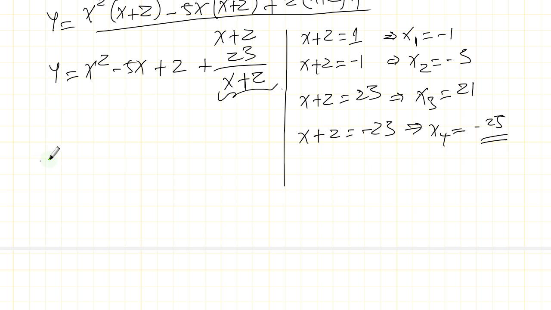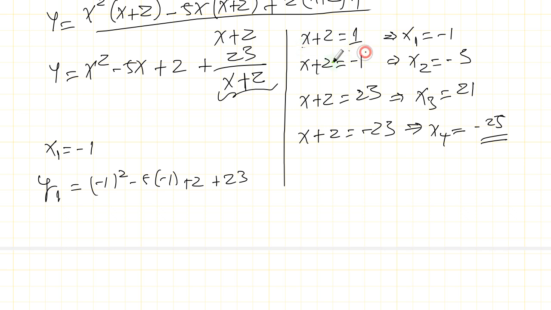For x1 equal to negative 1, y1 is going to be, replacing here, negative 1 squared minus 5 times negative 1 plus 2, plus 23, divided by 1. Solving this, I'm going to put it directly here to save some time, y1 is equal to 31.